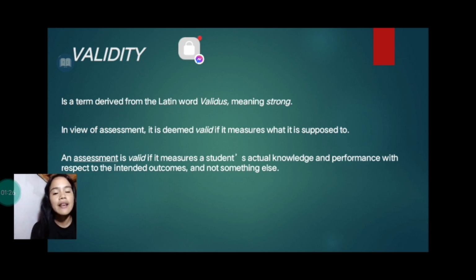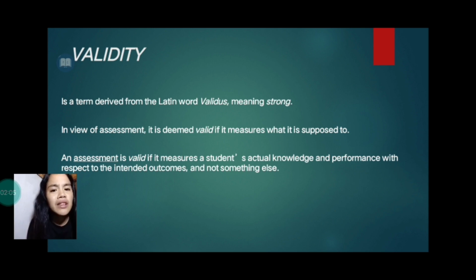not something else. For instance, measuring arithmetic for grade 4 students when this topic will be taught in grade 1 is invalid because of the issue of the content and the level of performance, since they are only grade 1 pupils and the topic is more advanced.